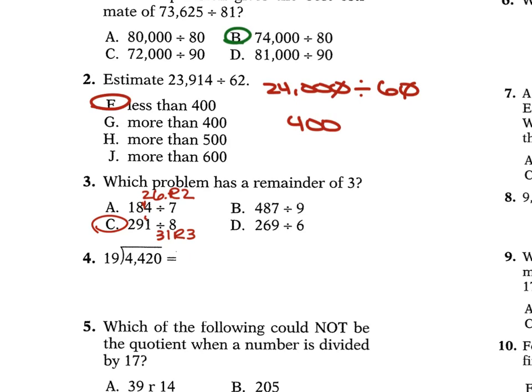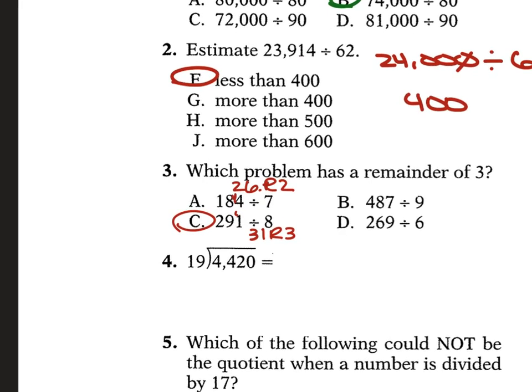For 4, we have 19 on the outside and 4,420 on the inside. So we are going to do 4,420 divided by 19. So 19 does not go into 4, but it goes into 44. The 19 times 2 is what we'll do. So 2 times 19, 2 times 9 is 18. 2 times 1 is 2 plus 1 is 3, so that's 38. We subtract these two, and we get 6.